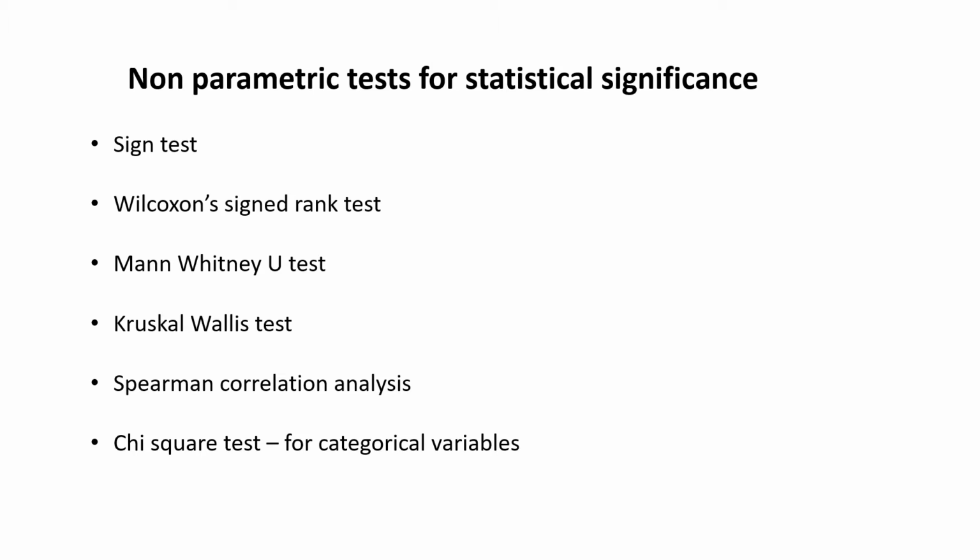Sign test is the non-parametric alternative of the paired t-test. Wilcoxon signed rank test is the non-parametric alternative of the paired t-test. Mann Whitney U test is the non-parametric alternative of the independent samples t-test. Kruskal Wallis test is the non-parametric alternative of the one-way ANOVA test. Spearman correlation analysis is the non-parametric alternative of Pearson correlation. Okay, so please keep that in mind.